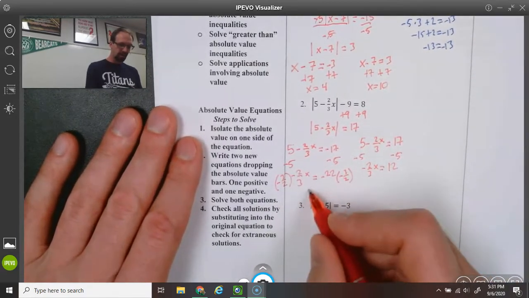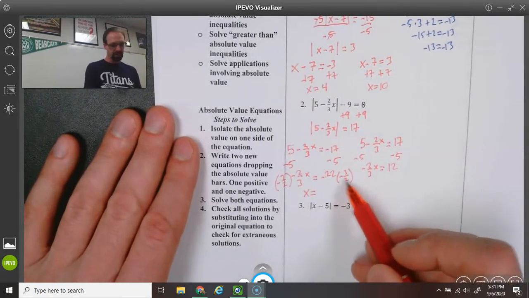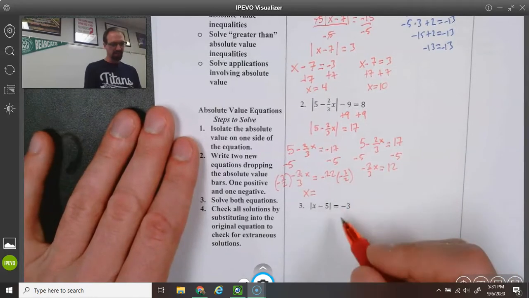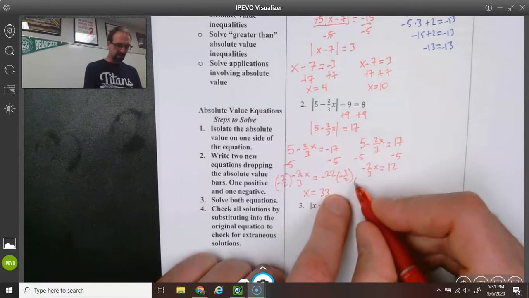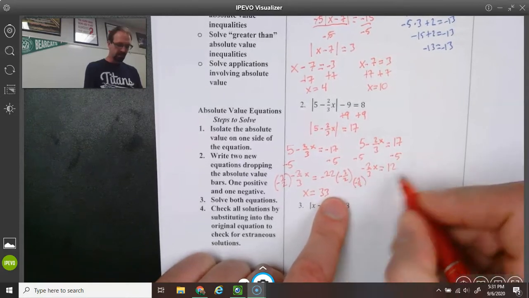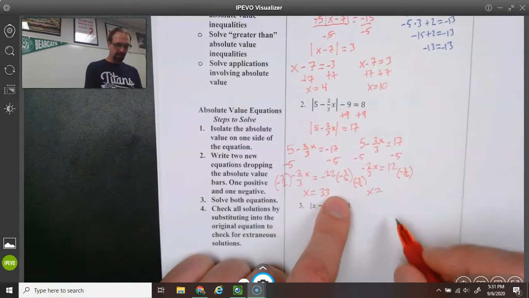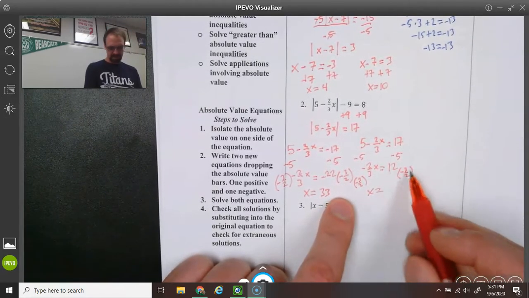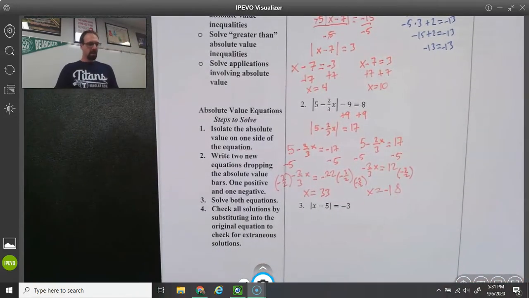When I do that, all this cancels and I'm left with just x equals, let's see, if I divide 22 by 2, that's 11. 11 times 3 is 33. So I got x equals 33. And then similarly over here, same idea, multiplying by negative 3/2 on both sides. So I get x equals negative 18. Again, verify that those are in fact solutions, and they work.